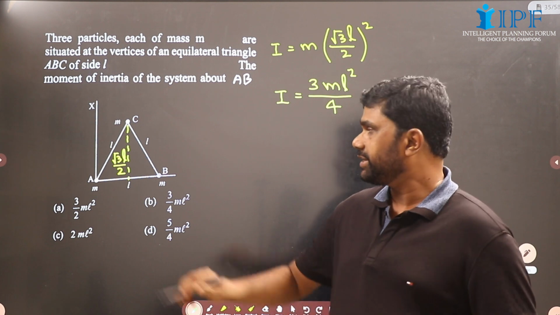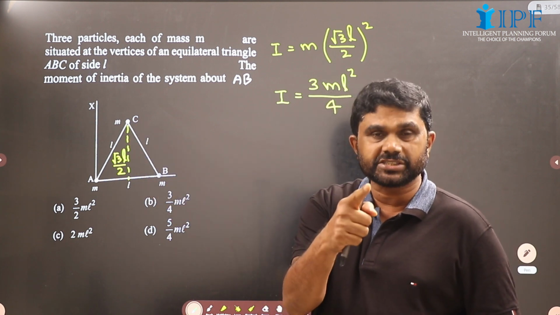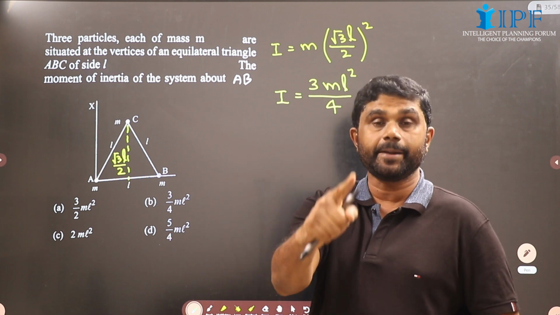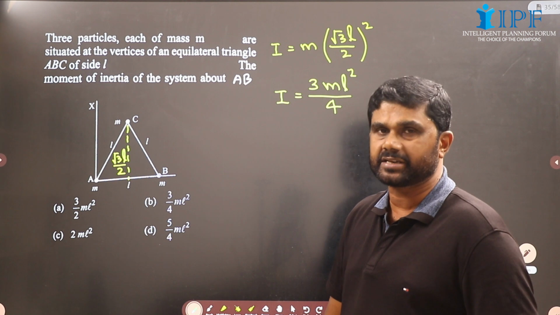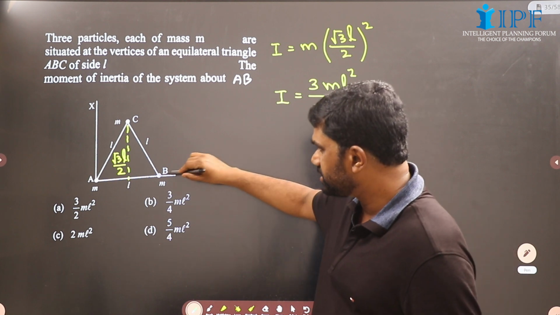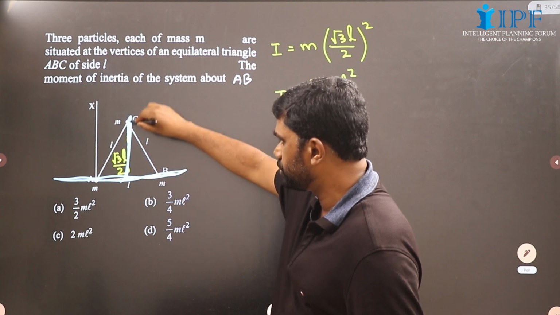system. C being a point object, its moment of inertia will be mr square, means m into the square of its perpendicular distance from the axis. See, the perpendicular distance from this axis is this much.